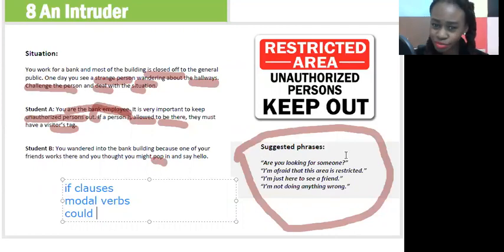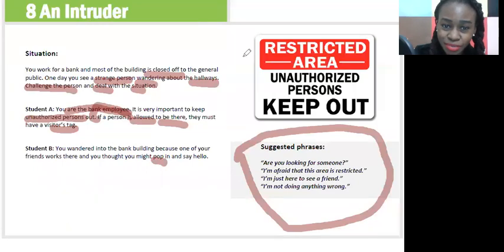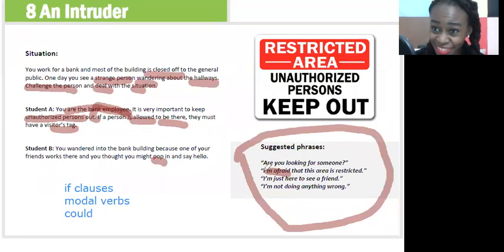Okay, which phrases can we use to talk about this situation? Well, we can say, are you looking for someone? I'm afraid that this area is restricted. I'm afraid, what's the meaning of I'm afraid? I'm afraid, maalesef.